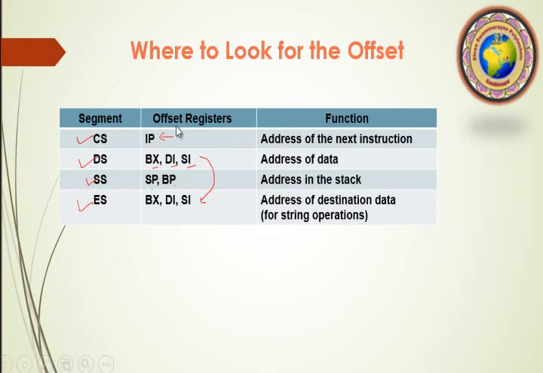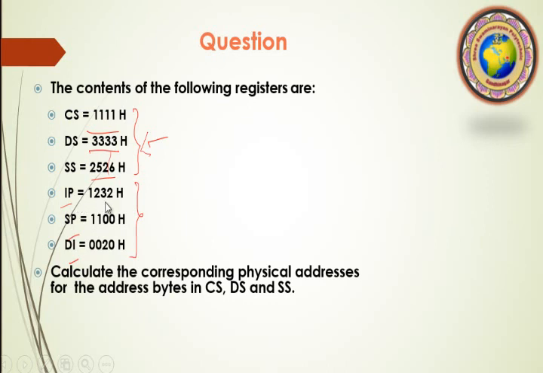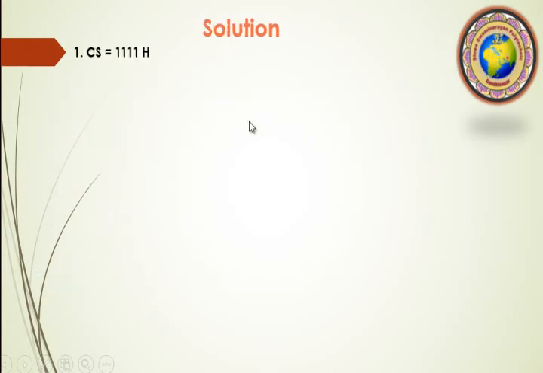CS uses IP as its offset register, so we use the value of IP, which in our data is 1232H. So we take our CS value 1111, add 0H, which is our starting address, then add the IP value 1232H. Adding them, we get 12342H, which is our effective or physical address.